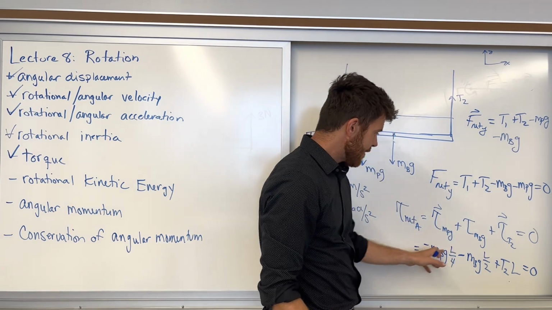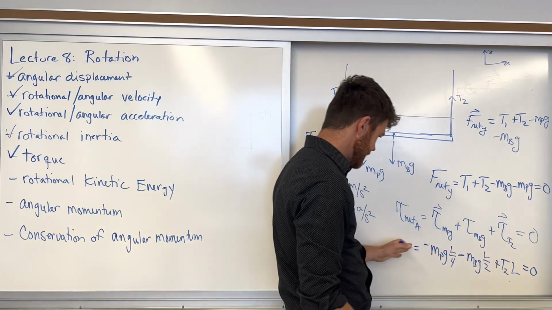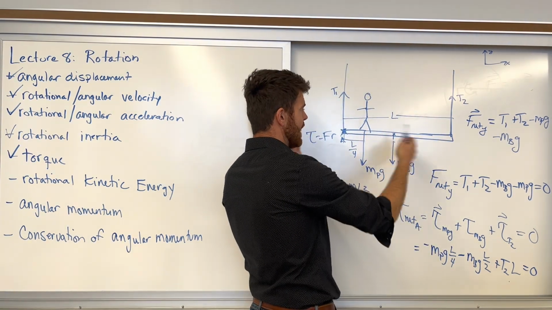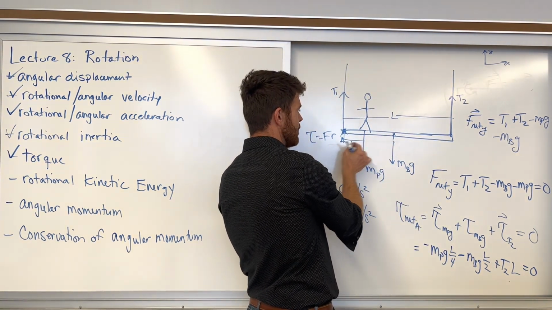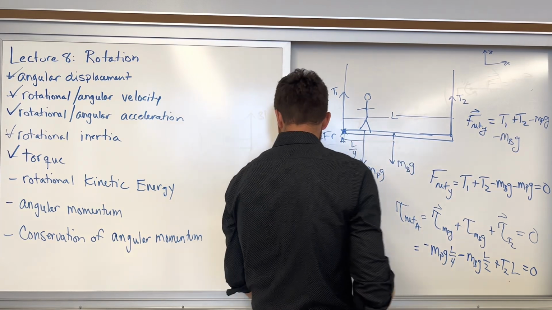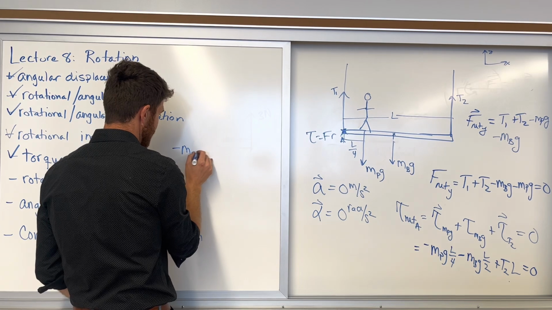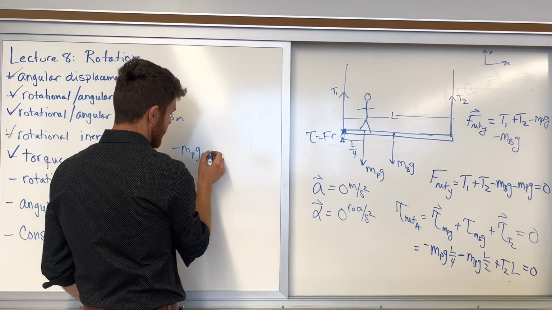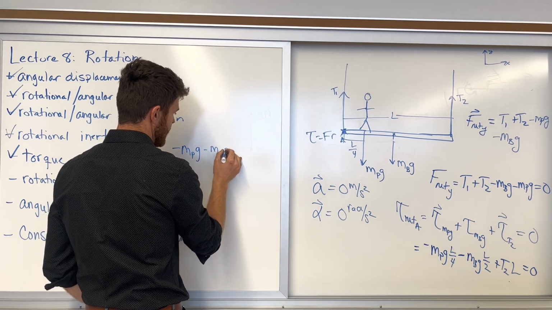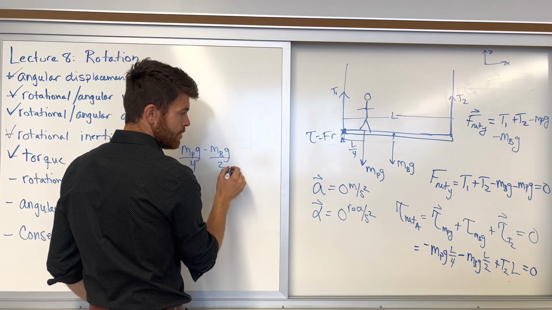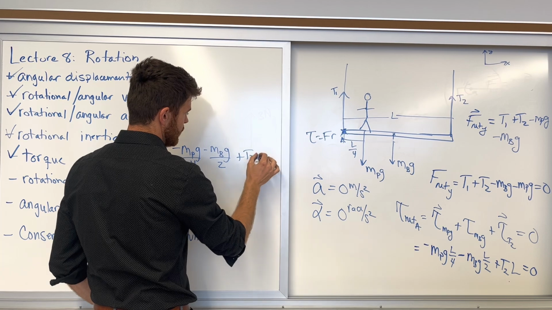Now you can see L factors out of every term, and you could divide it out. We don't even care how long the board is, we just care about the proportional distances these forces are acting. If I move this over here, you get negative MPG over 4 minus MBG over 2 plus T2 equals 0.